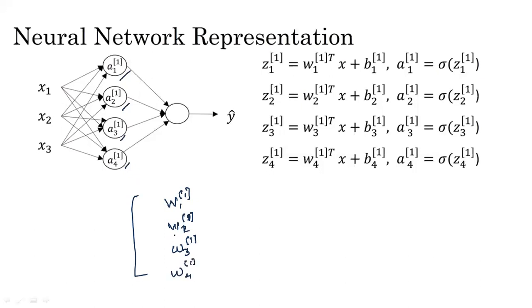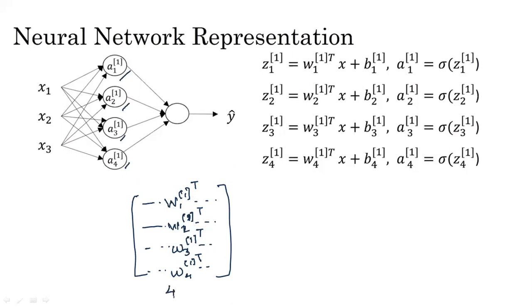These are all the four nodes, and corresponding to these nodes we need to write these parameters. So an array is created for this, and further we need to have a transpose of this, because we need W transpose X, so we need to take a transpose of these individual W parameters also.